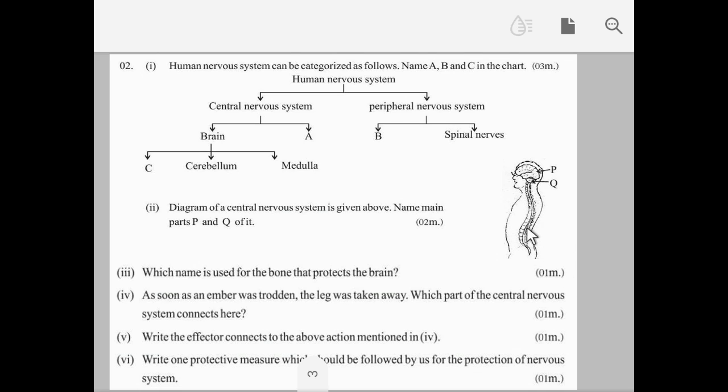What do you call it? This is the spinal cord. Spinal cord is the effector. Skin takes the signal and sends it from the spinal nerves into the spinal cord.